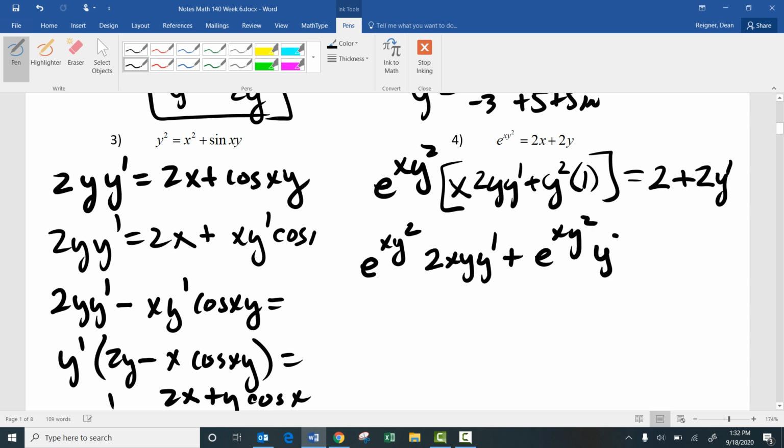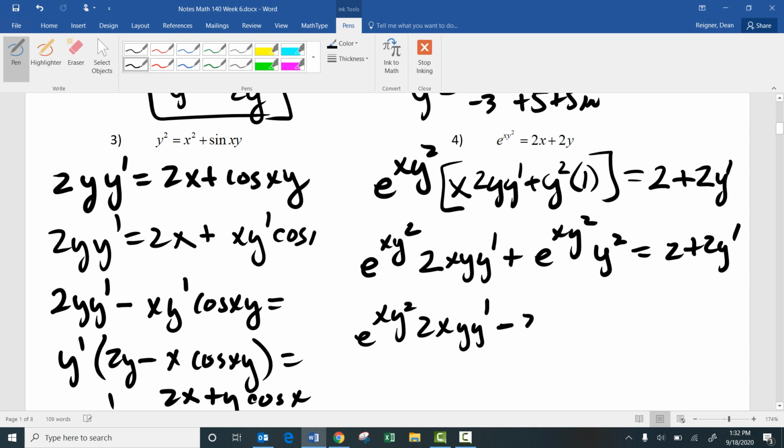This is y squared, equals 2 plus 2y prime. So what I'll do is, the 2 disappeared. So e to the xy squared times 2xy prime. Move this y prime over, so negative 2y, I'm sorry, negative 2y prime.